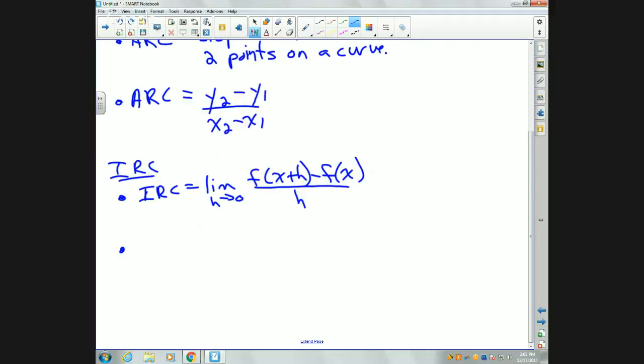What about the tangent? Yeah, it's the slope of the tangent. So it's the slope of the tangent at a given point.